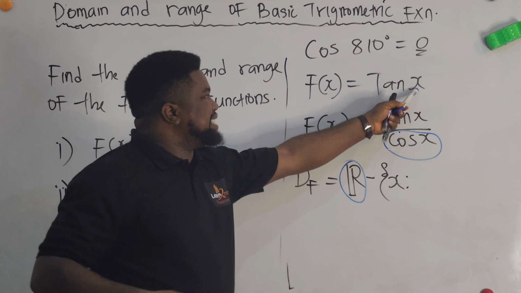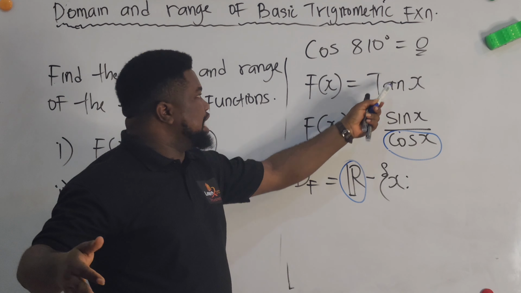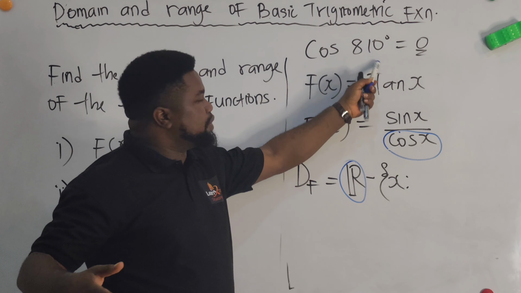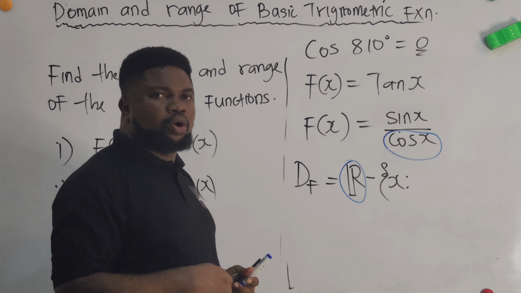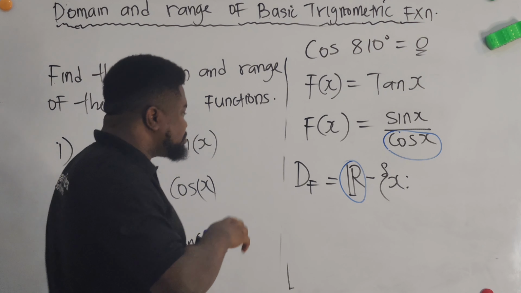Example, tan 90, you will see math error. Tan 810, you will see what? Math error. So what are these things that will not work? Let me show you.